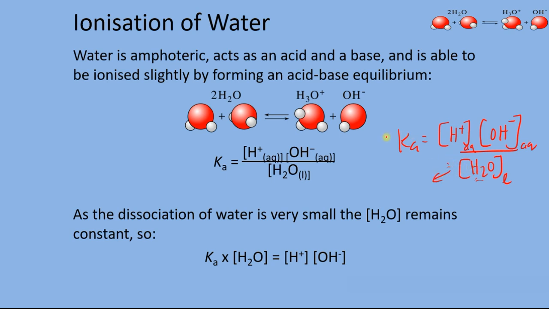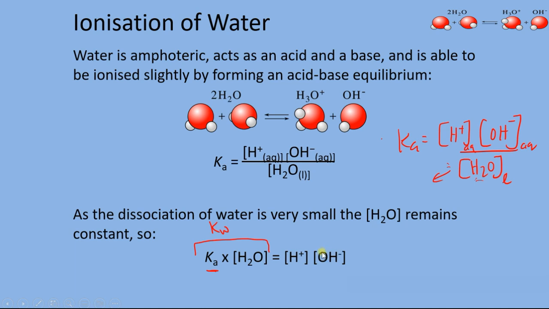If you multiply on both sides by the same value, 55.5 something, you can actually change the Ka into something else called Kw. The product of these two is a constant, which is now called Kw, the ionic product of H plus and OH minus ions present in water, okay?